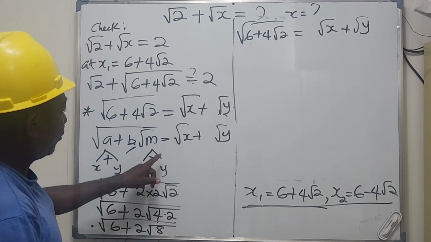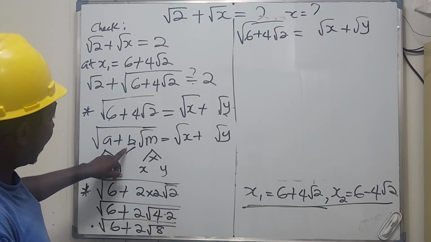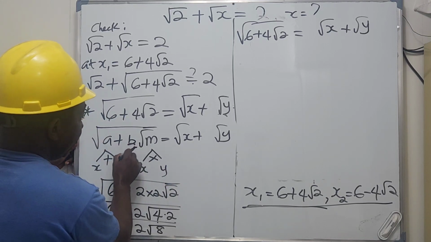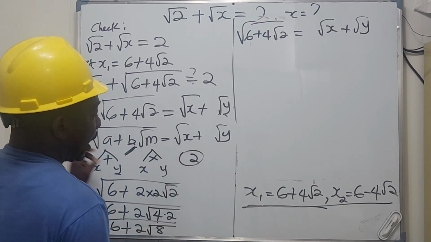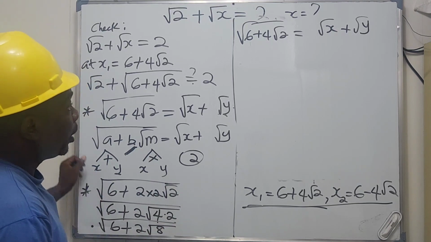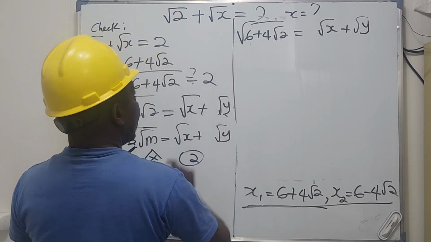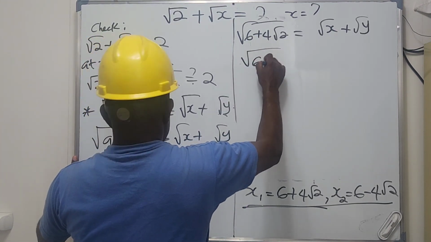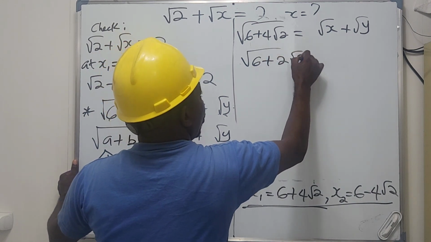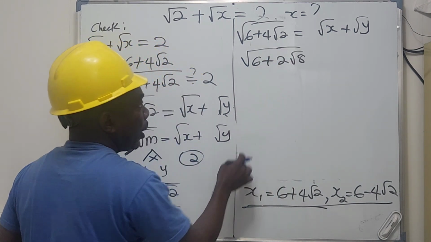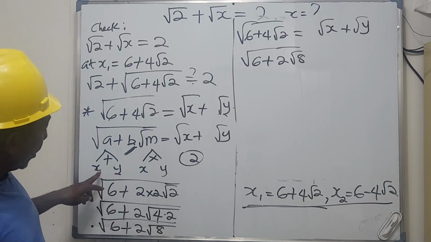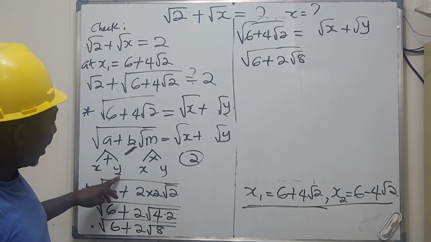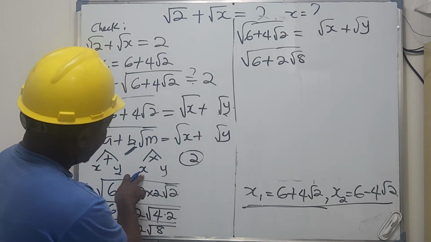That is what we are going to get. But for further simplification, this b here must be 2. So that is why we have these 2. So here we said that this gives us root 6 plus 2 root 8. So here, as we said before, that we are going to have x plus y, and also x times y.